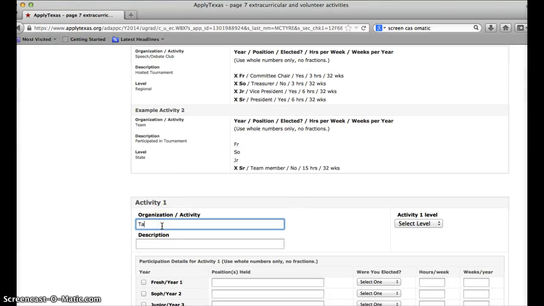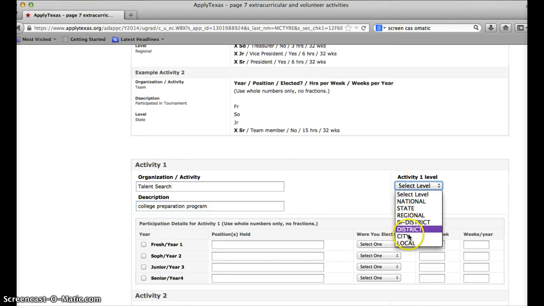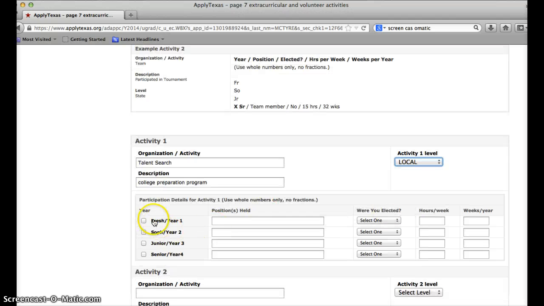Extracurricular organization will be Talent Search, and the description is college preparation program. And it is a local activity. I have been in it freshman, sophomore, junior, and senior year. I am a member.